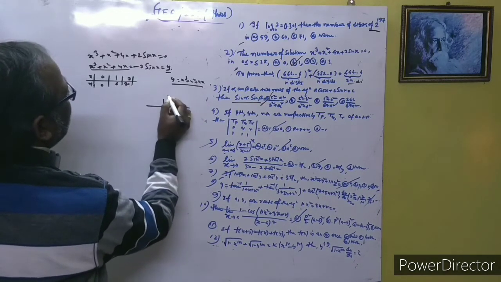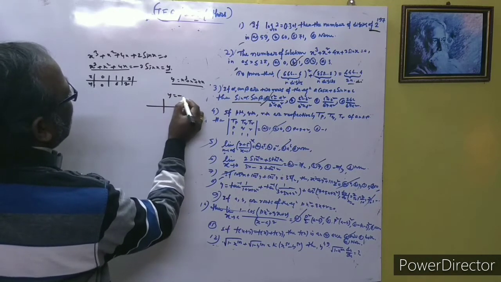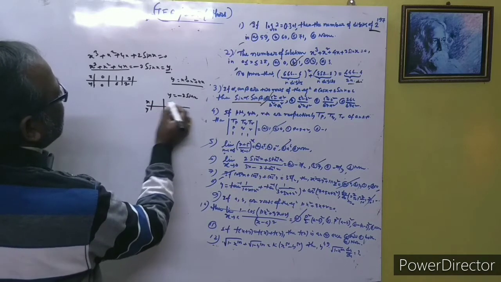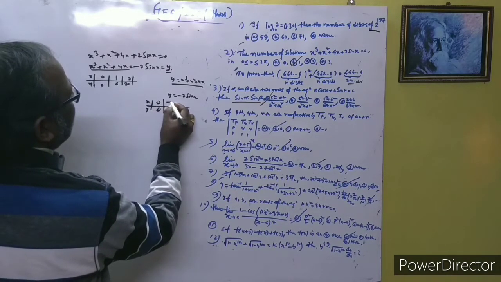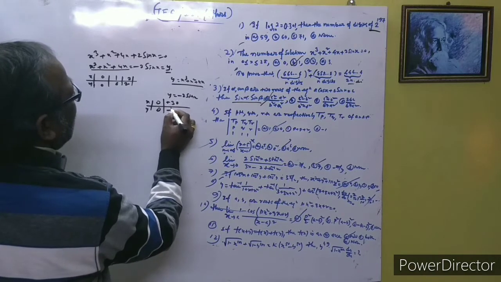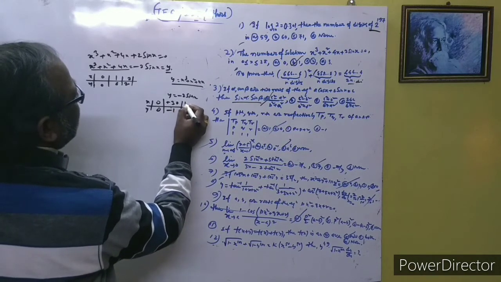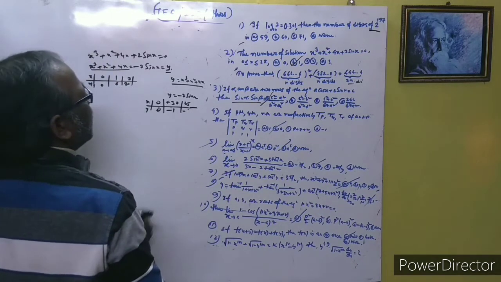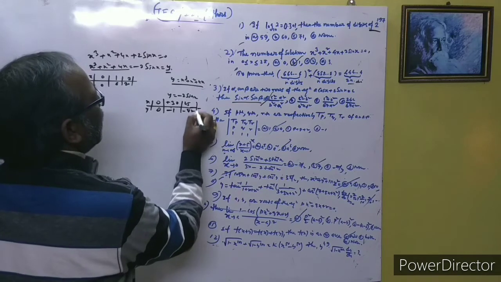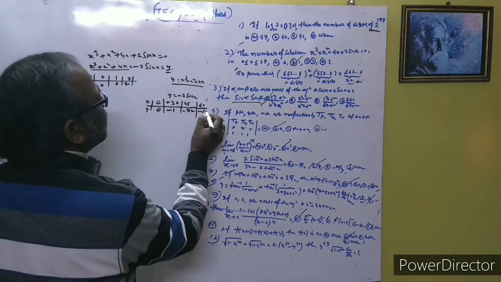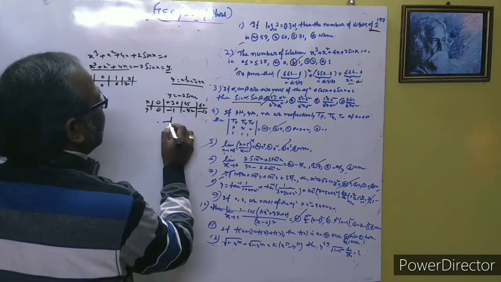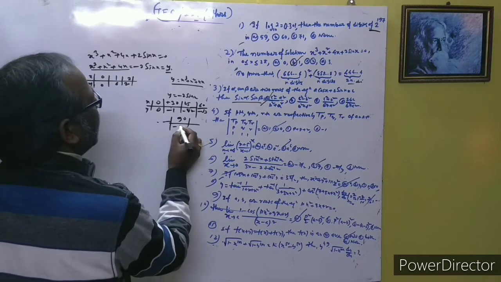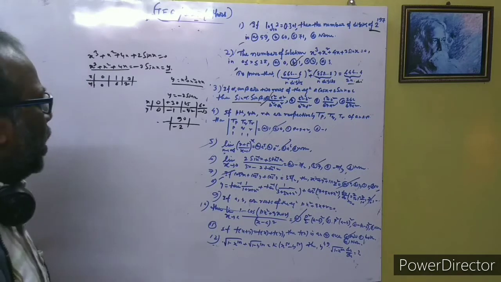And for the curve y equal to minus 2 sin x, we get x and y: at 0 it is 0, at 30 degrees it is minus 1, at 45 degrees it is minus root 2, at 60 degrees we get minus root 3, and at 90 degrees we get minus 2, which is the most negative value of this figure.